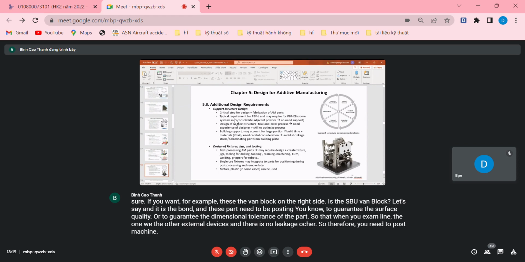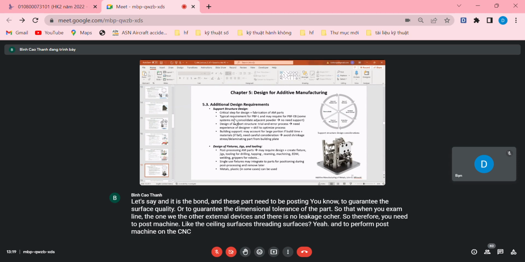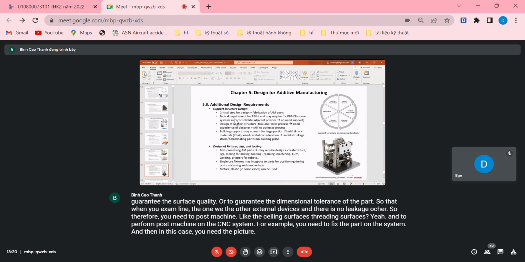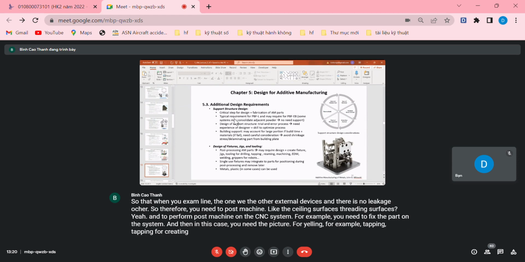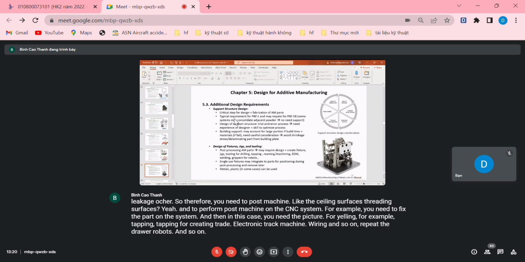Therefore, you need to post-machine the sealing surfaces and threading surfaces on the CNC system. You need to fix the part on the system, and in this case you need a fixture. For drilling, for example, tapping for creating threads, electrical discharge machining, wiring, grips for robots, and so on.